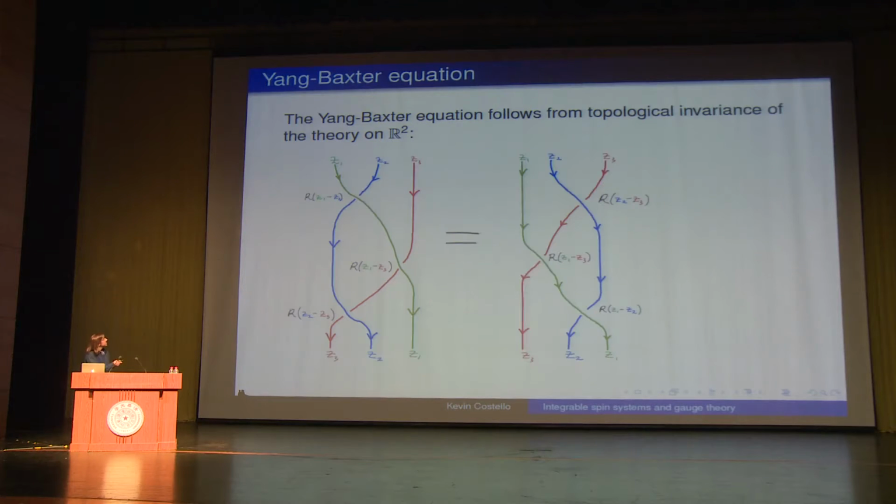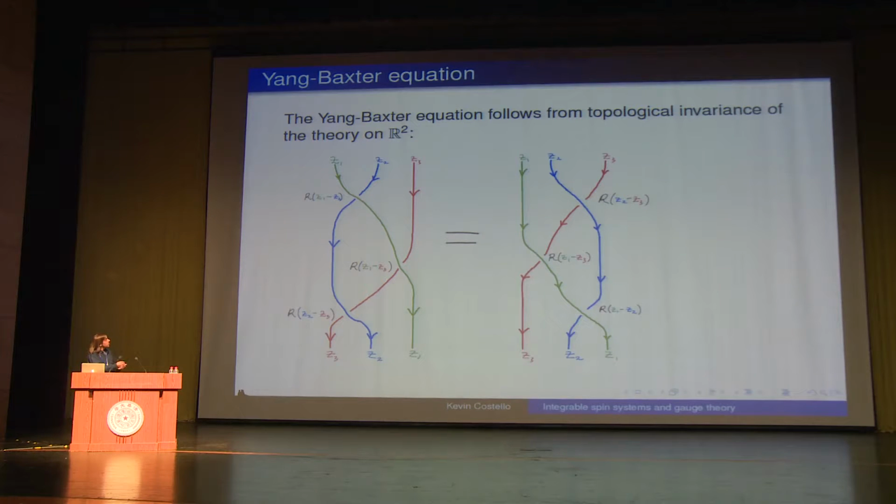So first, let's see, why does this exchange of gluons lead to the Yang-Baxter equation? Well, that's very simple. The Yang-Baxter equation concerns the composition of 3 of these operators in 2 different ways. And as we see from this diagram, if we have 3 Wilson lines which cross, as shown, we can use topological invariance to move this blue Wilson line over to the other side.